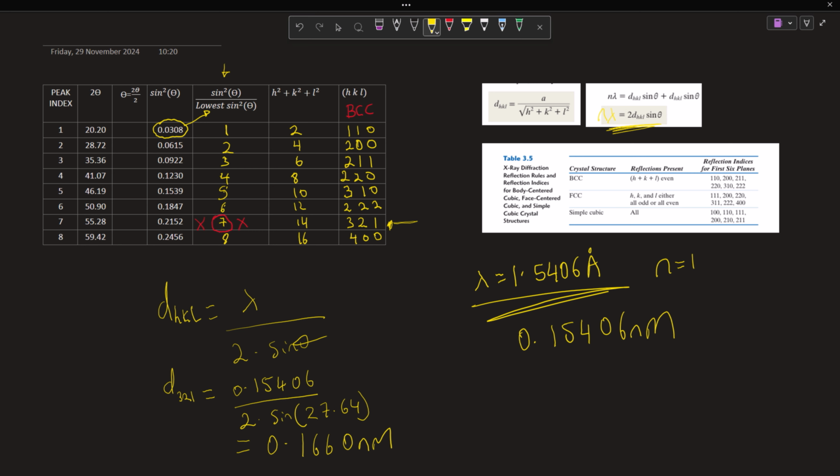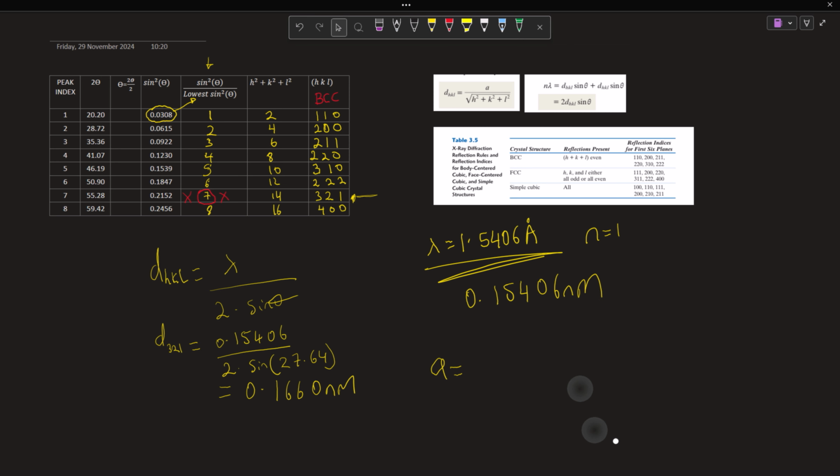Now that we know our D, we can go ahead and look for A. A is equal to our interplanar spacing, 0.1660 nanometer, times root of 3 square plus 2 square plus 1 square.